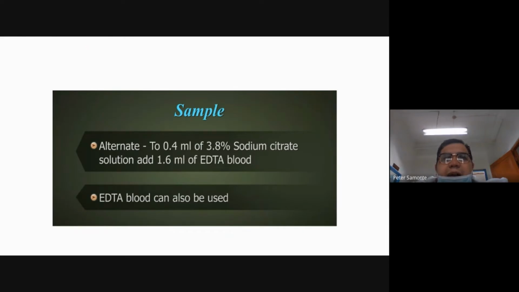Now, yung sabi ko nga, pwede kayong mag-dilution sa Westergren. Now, let's say that you use an EDTA sample. Wala kayong black top. So you could add 0.4 ml of 3.8% sodium citrate, then mix it with 1.6 ml of EDTA blood. So that is in the case of you're going to use EDTA blood.